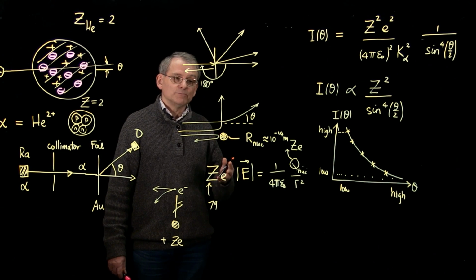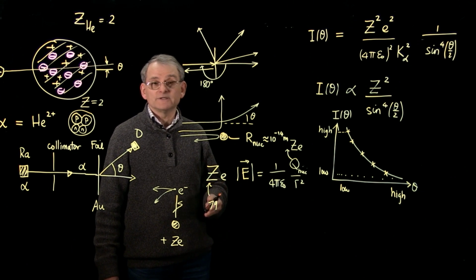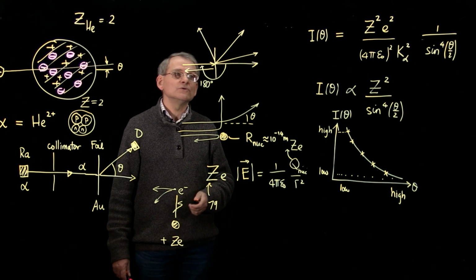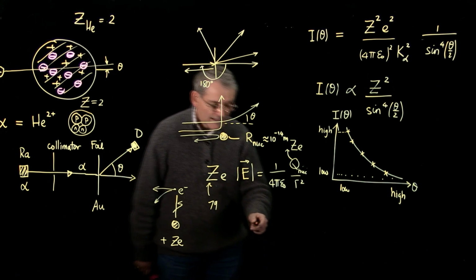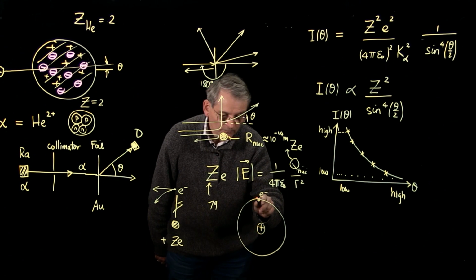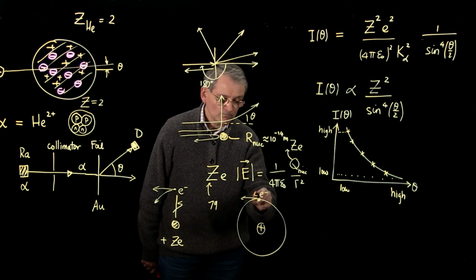A charged body, according to Maxwell's equations, when it is accelerated, or indeed decelerated, gives off radiation. So according to this model, if we have the electron orbiting the positive nucleus, it should constantly be giving off radiation.